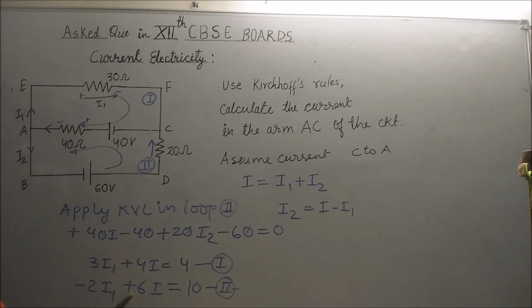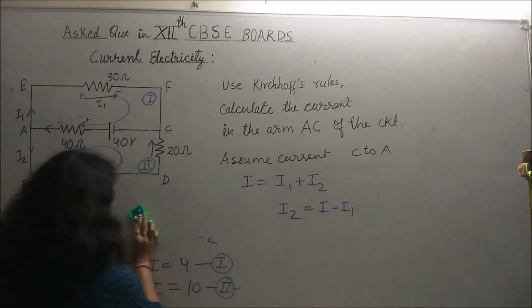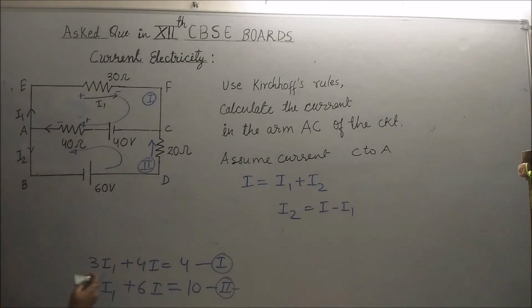Now we will solve these two equations to find the value of I. To find the value of I, we have to eliminate this I1. So multiply this with 2 and this with 3, and adding them will give us the value.